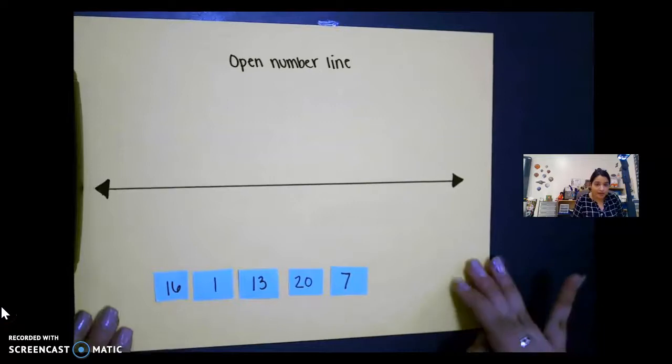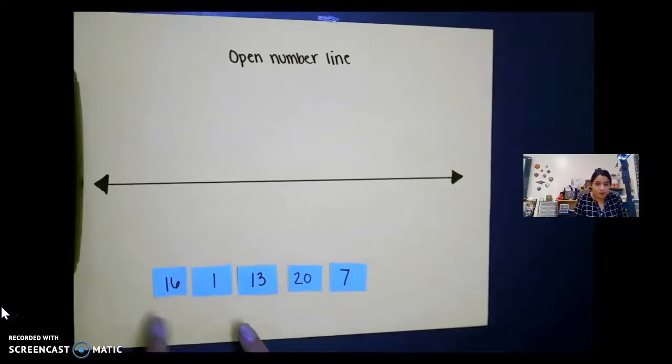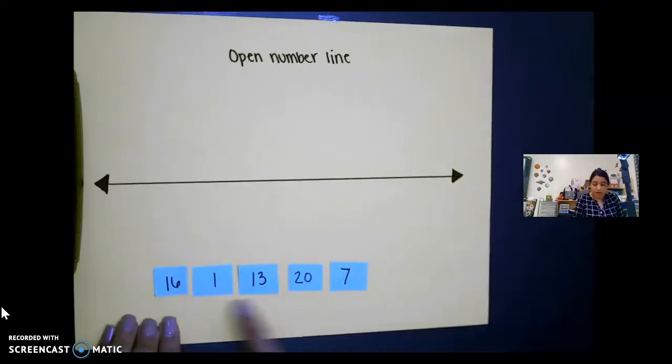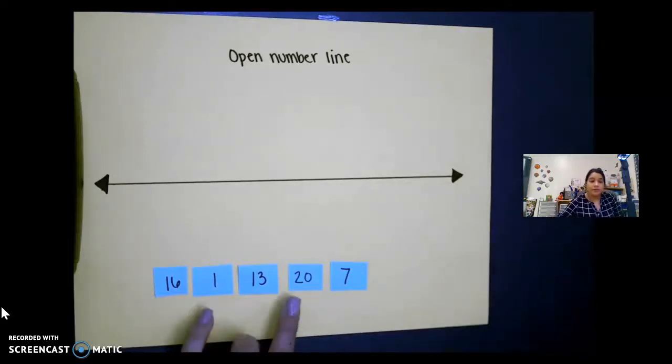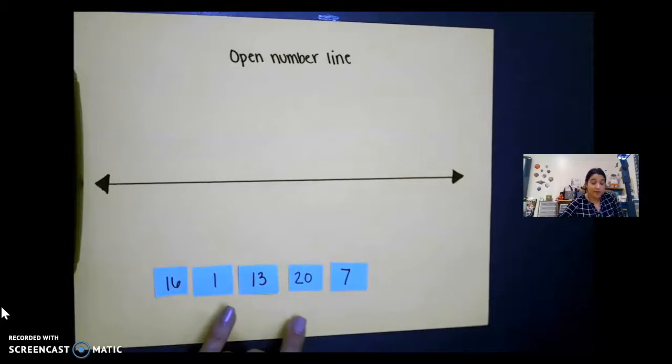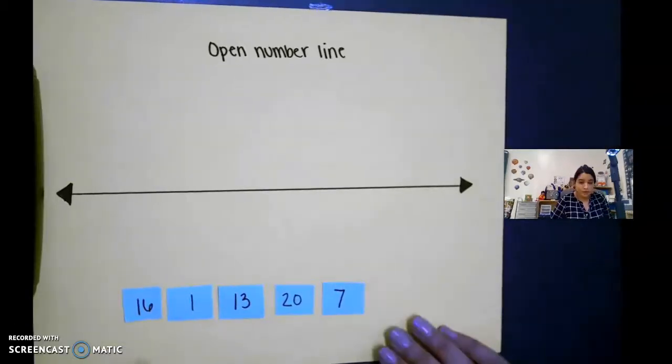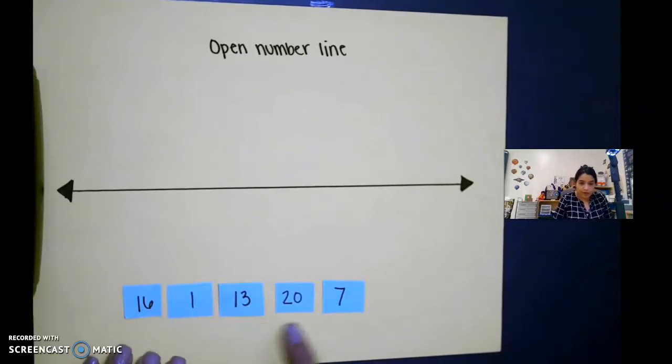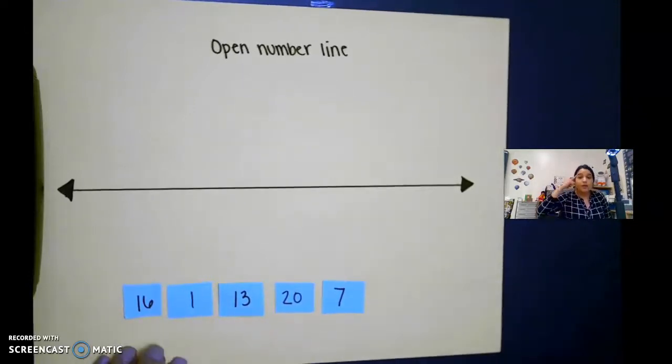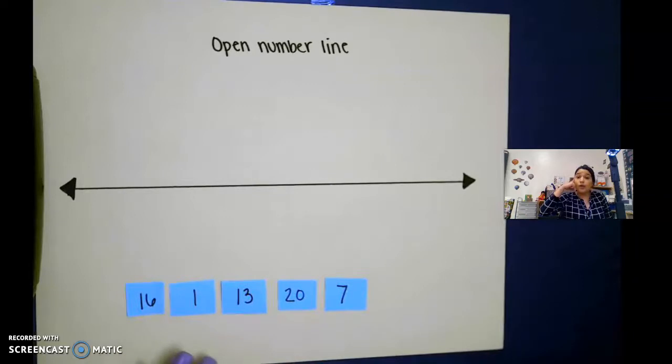Let's go ahead and look at today's lesson. So we're going to look at an open number line. So let's look at our numbers down here so we can compare and order them. I'm going to think of the number line rules before I start.